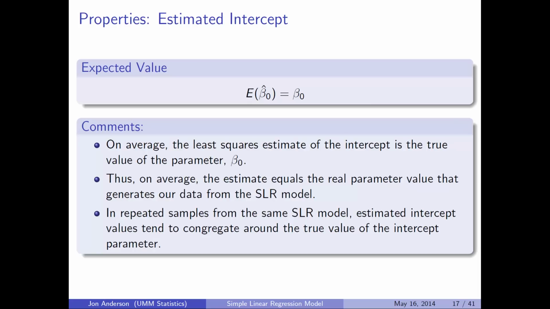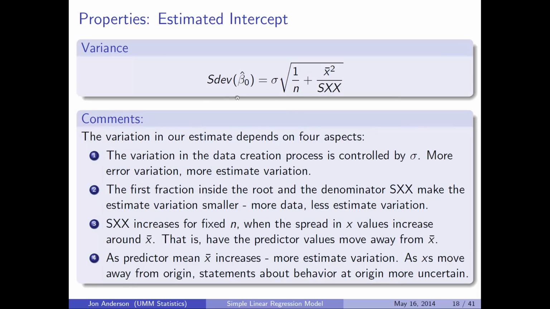The same thing can be argued for the estimated intercept. On average, our least squares best guesses for the intercept will be the true intercept. And here is the expression for how uncertain the beta naught, the intercept estimates, will be from sample to sample.